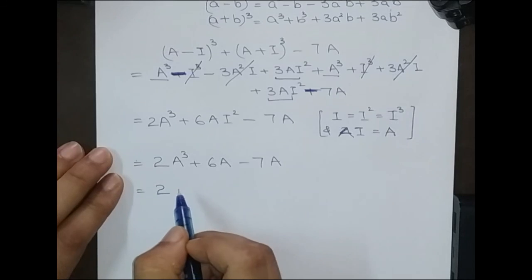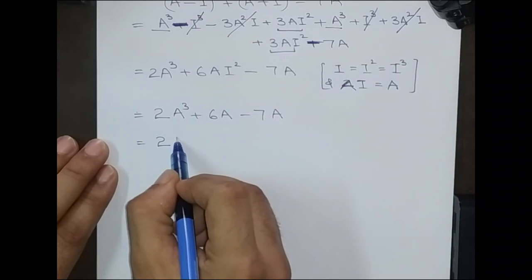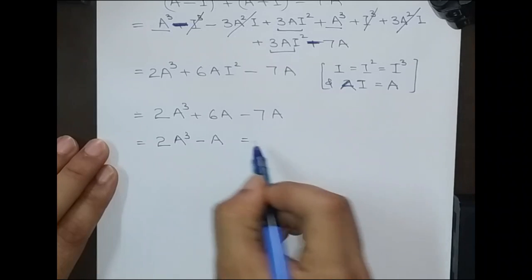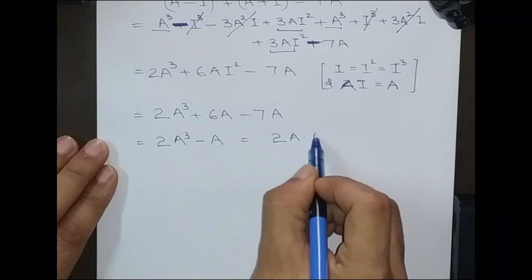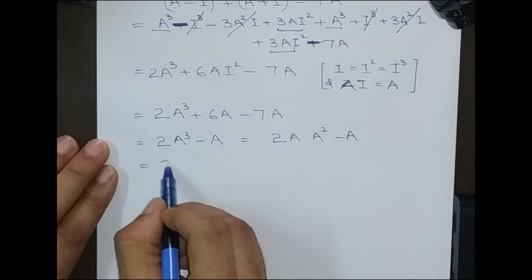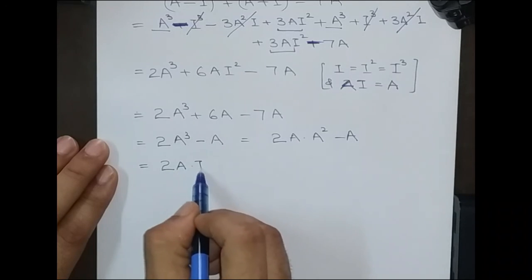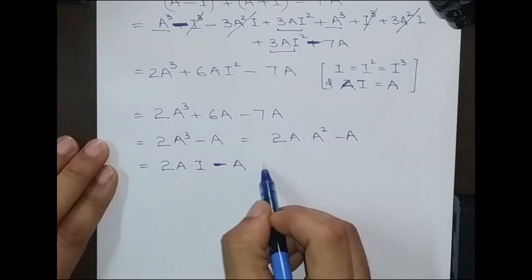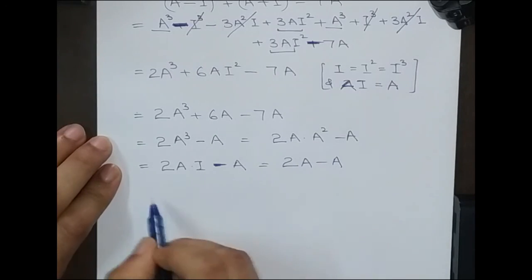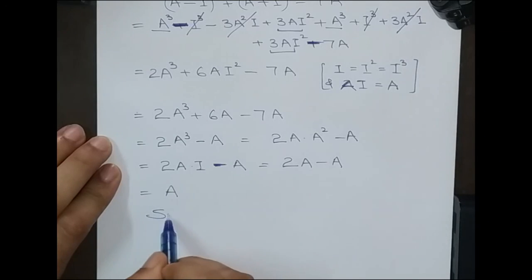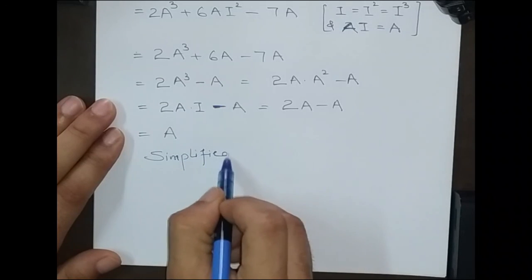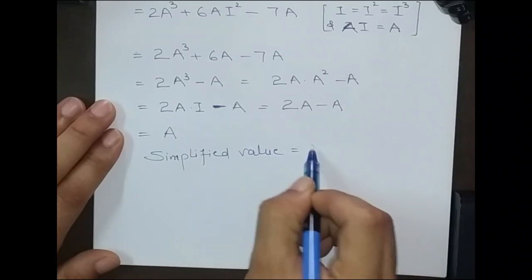It becomes 2A cube minus A, and it is further equal to 2A into A square minus A. It is equal to 2A into I minus A. AI is A, so 2A minus A, which is further equal to A. So the simplified value is A.